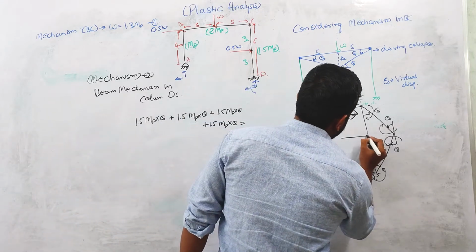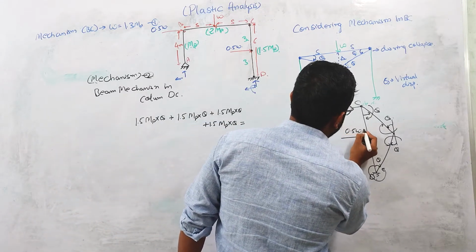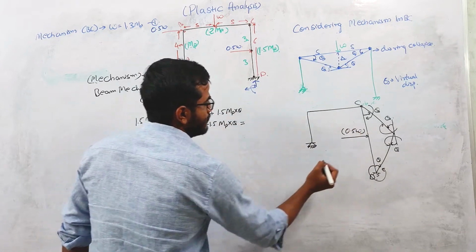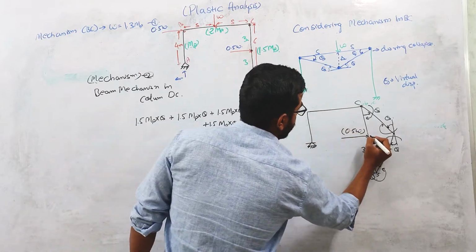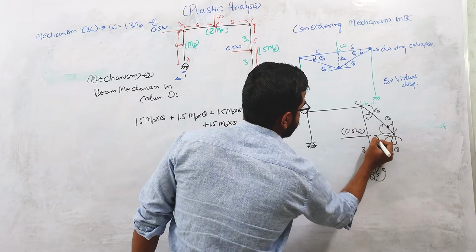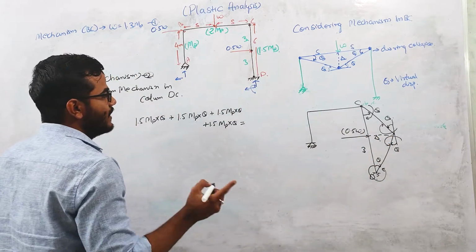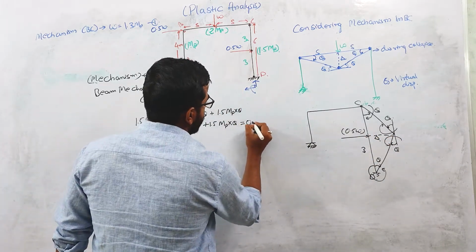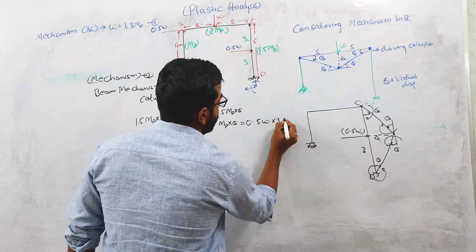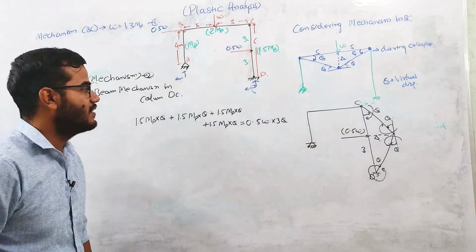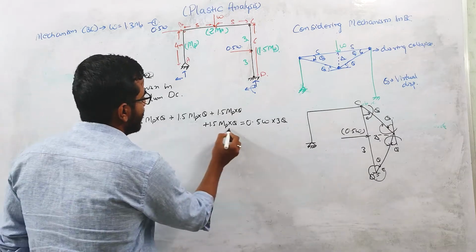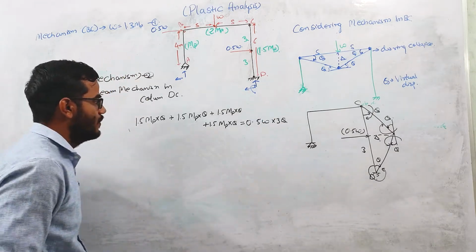External virtual work done will be due to this load, and its value will be 0.5 W into this delta. This delta is equal to 3 theta, so I can directly write 0.5 W into 3 theta. This expression is the internal work done and this is the external virtual work done.